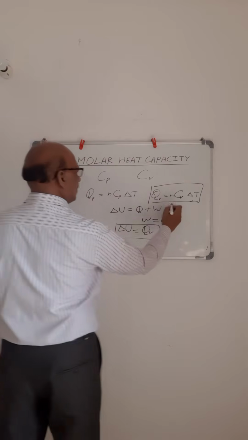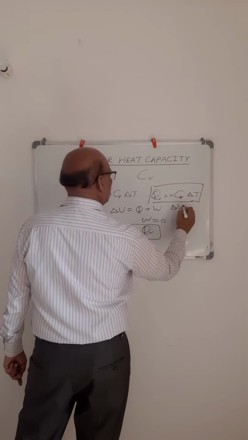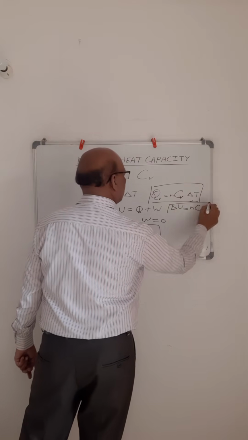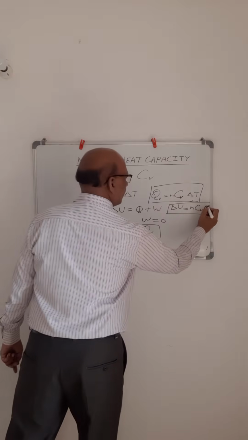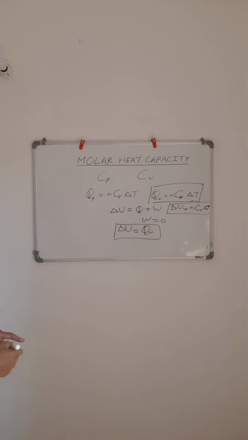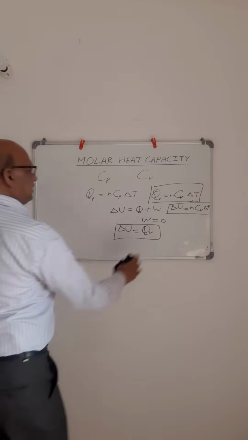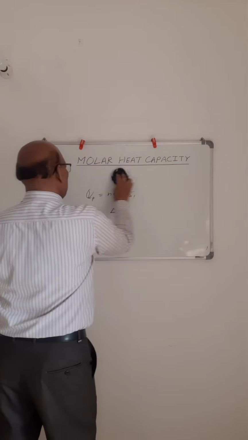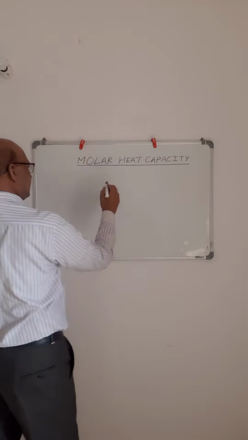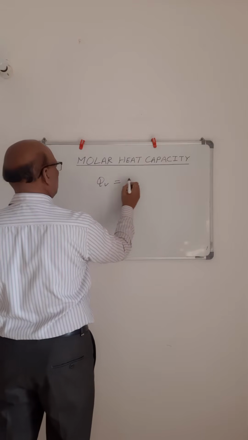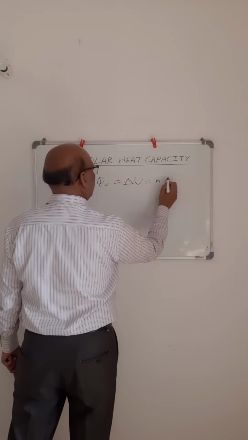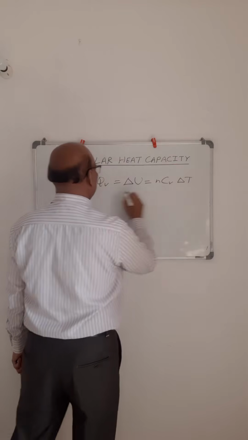So I can write this as delta U equal to n Cv delta T. So this is another formula, about the molar heat capacity at constant volume: heat supplied at constant volume equals delta U, the increase in internal energy of the gas, equal to n Cv delta T.